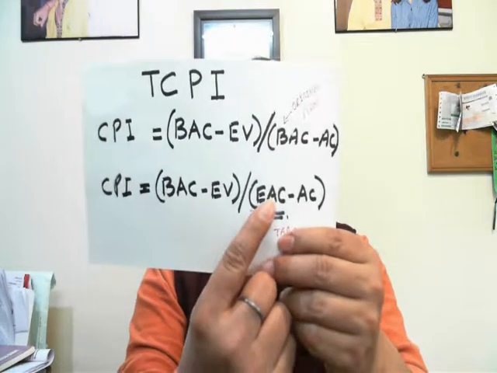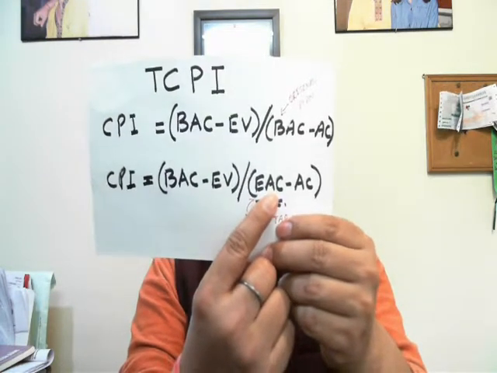However, if the question changes and they realize that the original plan cannot be met, you've delayed the project to such an extent, or you've expended the money to such an extent that the original plan cannot be met, in that case, the management might give you a new target, and that new target will be this new EAC.